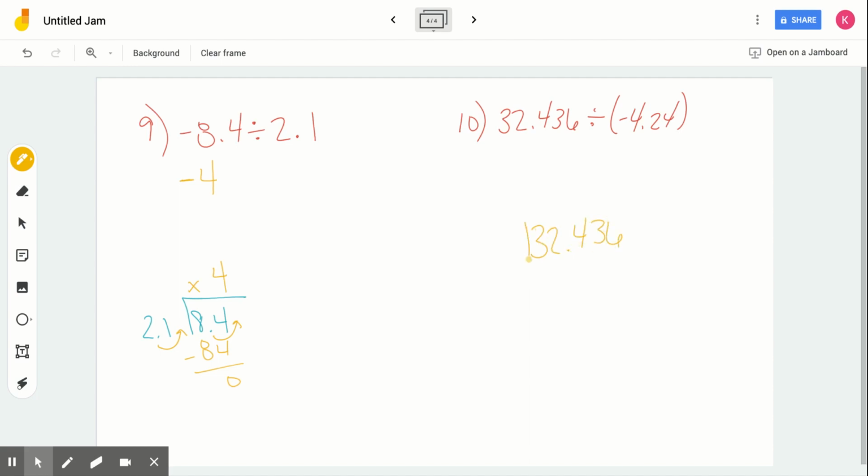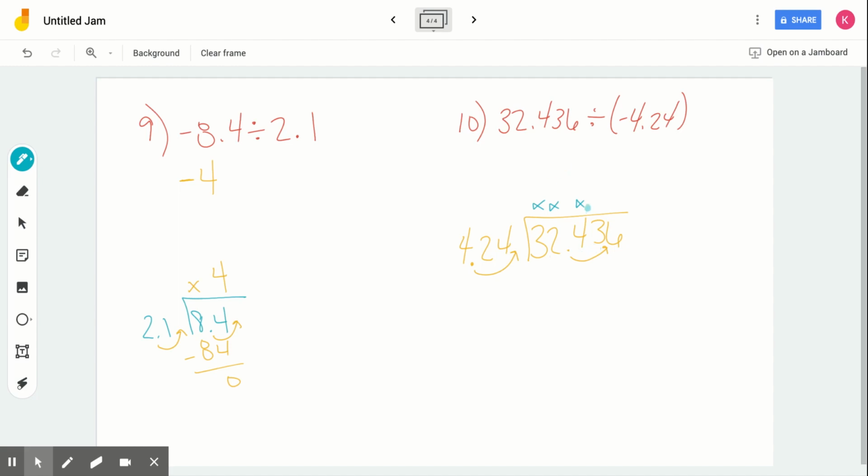Now that you have tried number 10, again, the first number goes inside the house. We need to move the decimal 2 places. Since it's 2 places on the outside, we need to move 2 places on the inside. 424 can't go into 3 or 32 or 324, but it can go into 3,243.